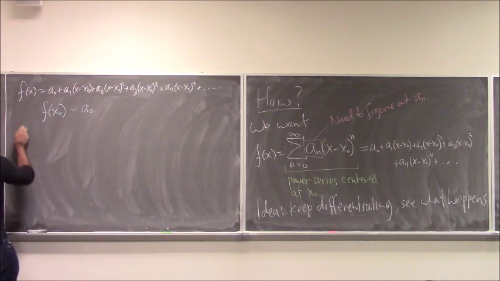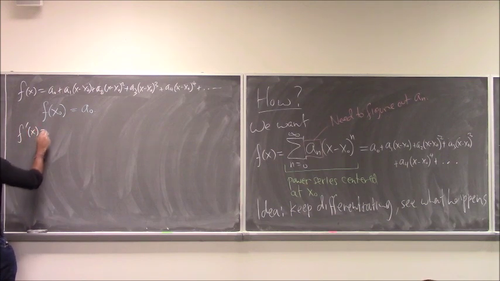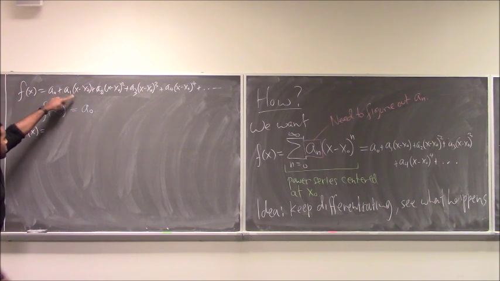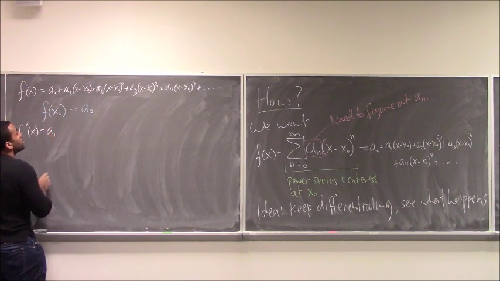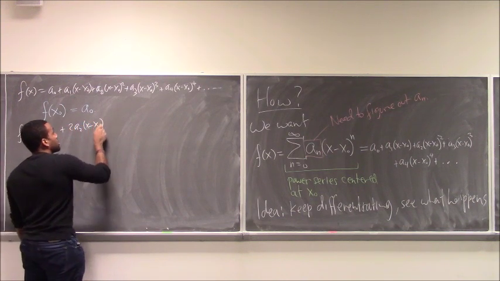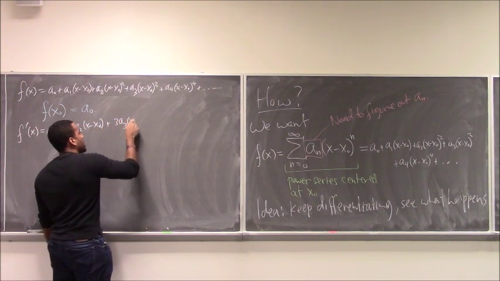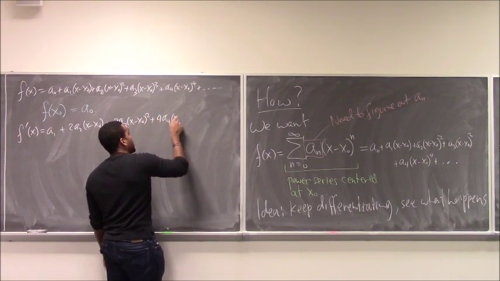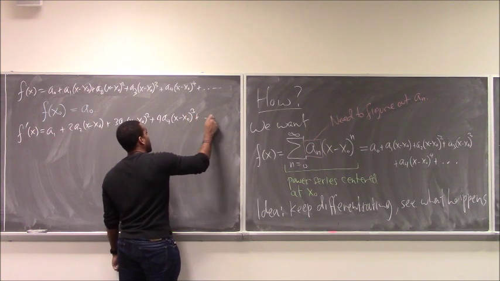So now we're going to take a derivative. The derivative of the constant goes to 0, so the guy I already found is now taken out of play. The derivative of this is going to be a1 plus 2a2 (x minus x naught) plus 3a3 (x minus x naught) squared plus 4a4 (x minus x naught) cubed plus and so on.